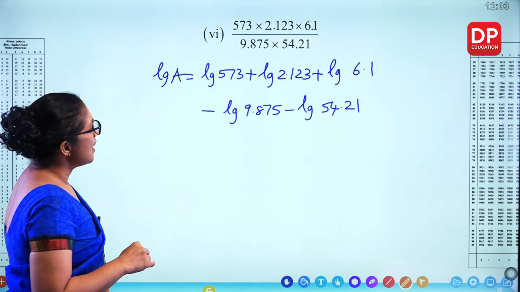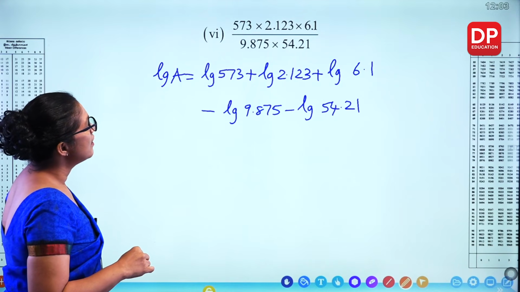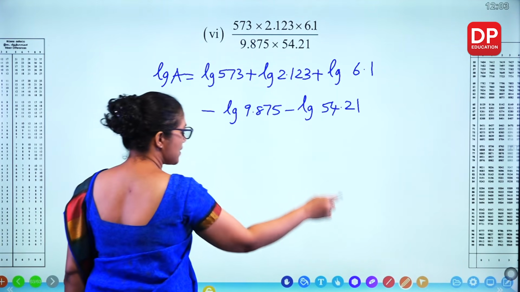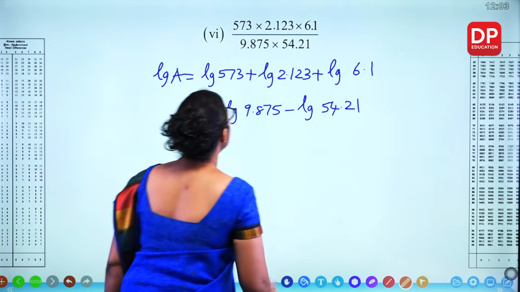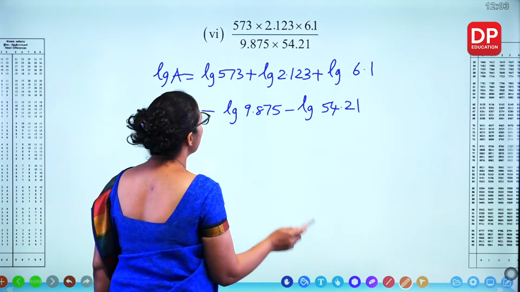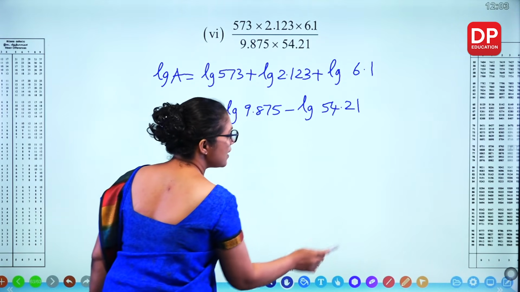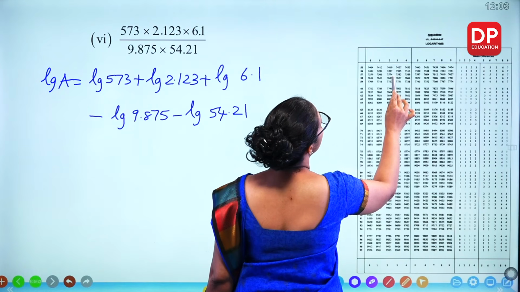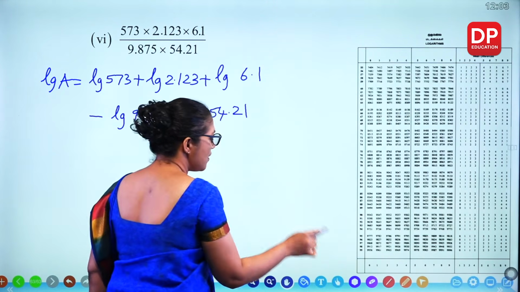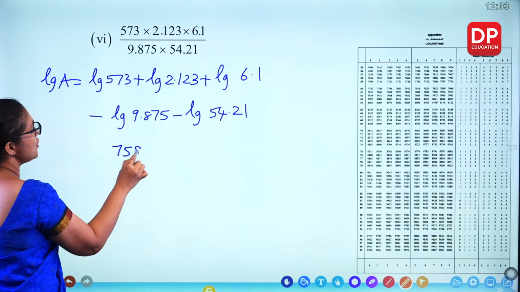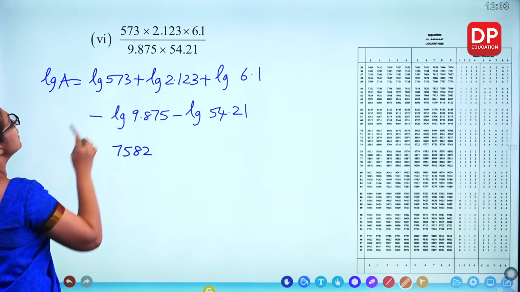Now we'll refer the tables. Now here, this value and this value from the first table. But we'll do separately, otherwise it will get mixed up. 57.3 first, then the second table, 57.3 is 75.82.